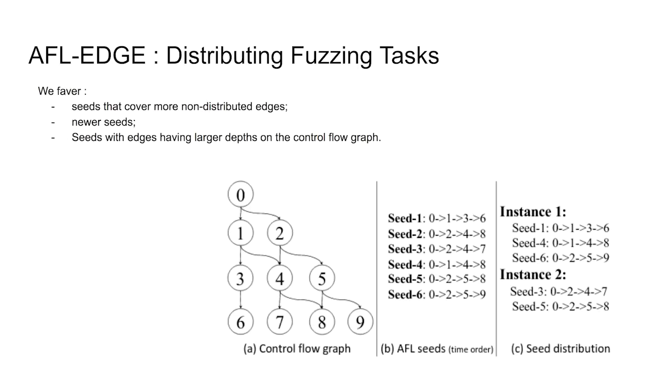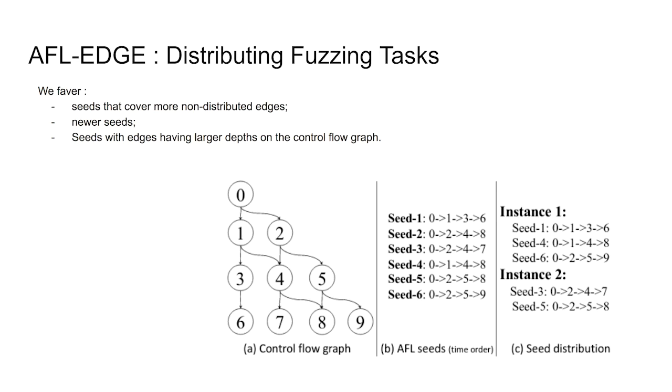Now let's talk about how to pick unique seeds while running the task distribution. In each round of the task distribution, we pull all the seeds from each of the instances and rerun them with dynamic tracing. We gather the edges covered by each instance, we then compute the intersection among the edges from all the instances.